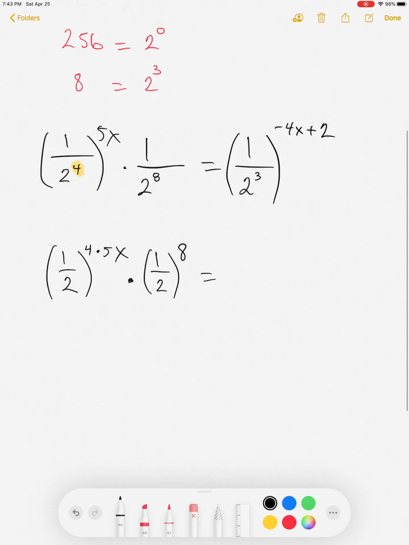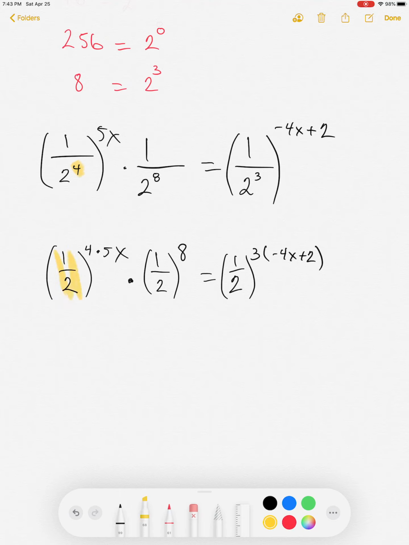And then that's equal to 1 over 2 raised to the 3rd, but that needs to be multiplied by minus 4x plus 2. That's using the exponent rules. So now I have a half for each of my bases.